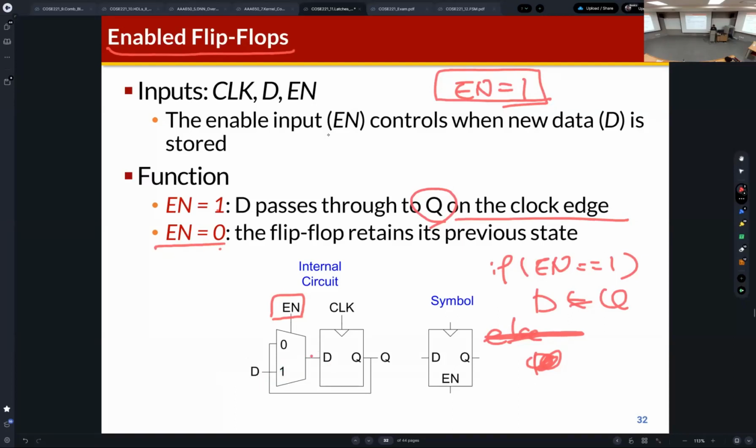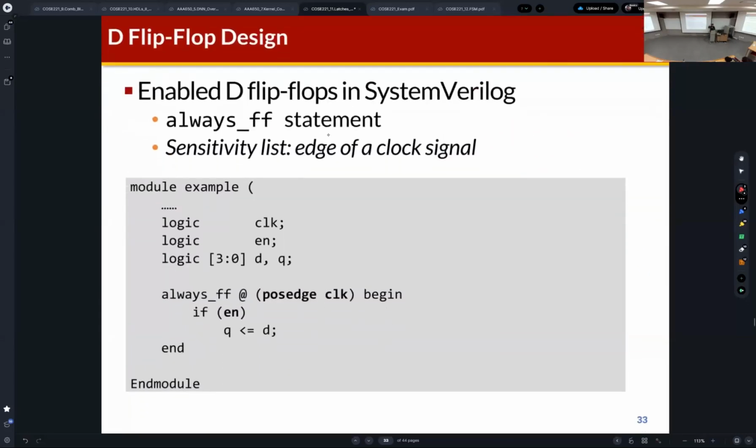Otherwise, if the enable signal is 0, then Q is fed back to the input, which means that Q is just maintained. So this is the symbol of the enabled flip-flop.